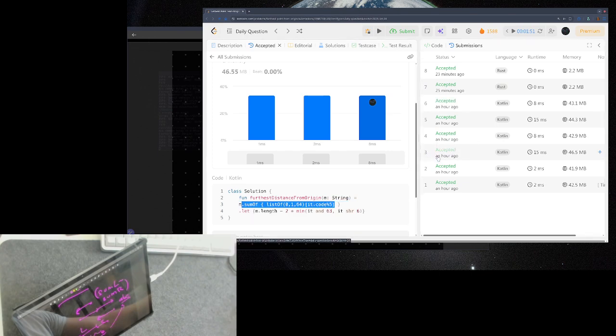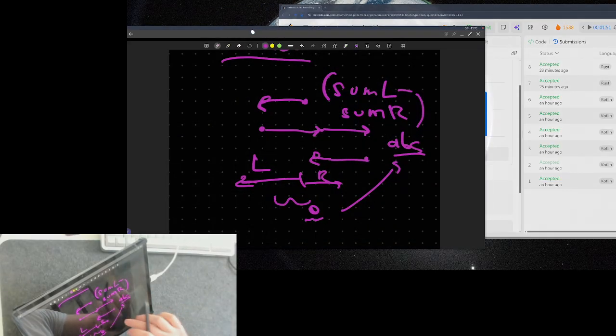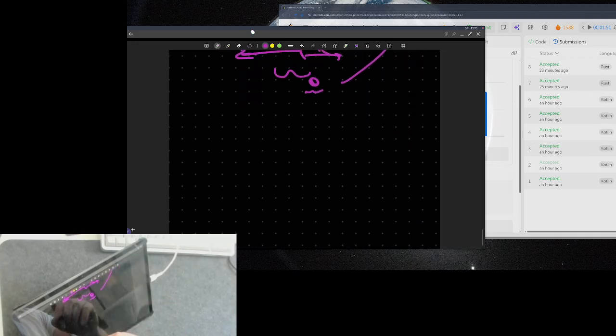I'll try to explain. Let's start from the formula that was accepted: count underscores plus absolute value of L minus R. This is what my expected formula was.